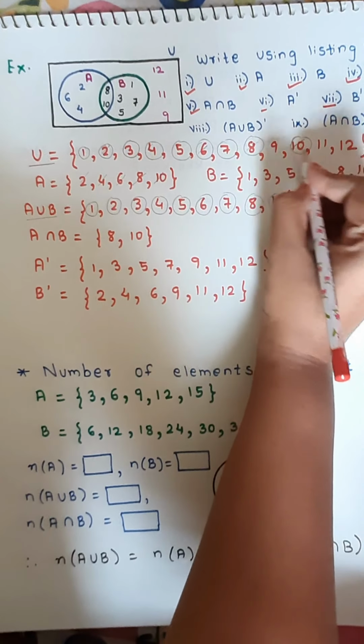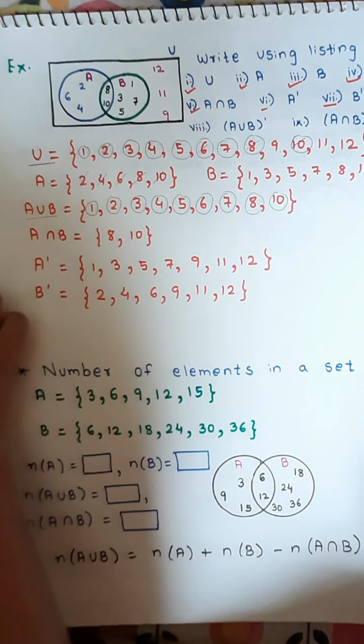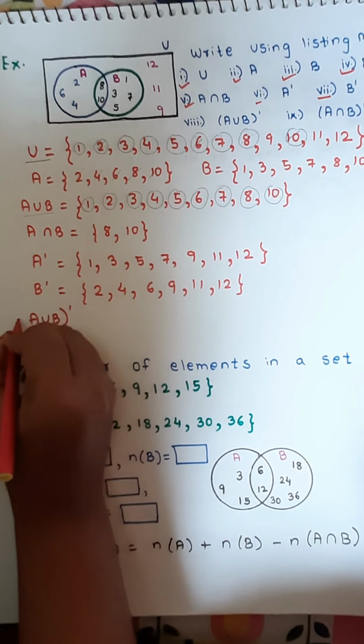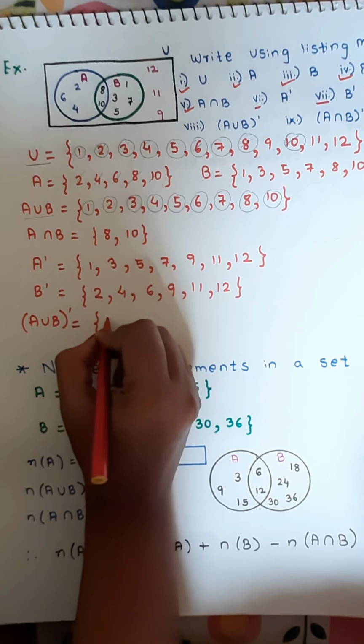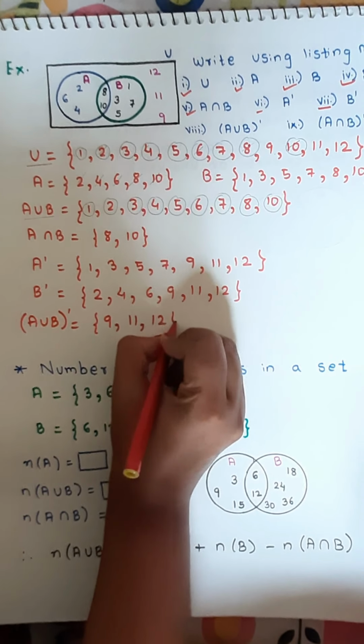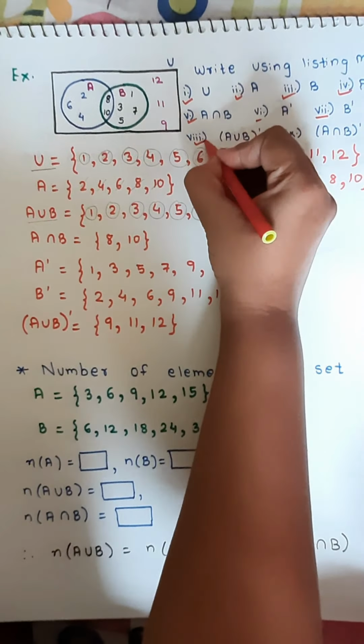What is remaining? 9, 11, 12. So that is the answer. The complement of A union B is only 9, 11, 12. That is also done.